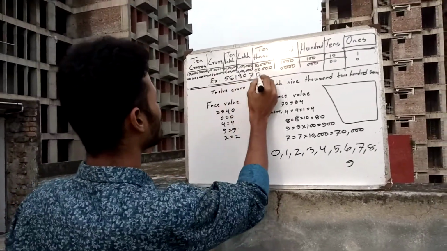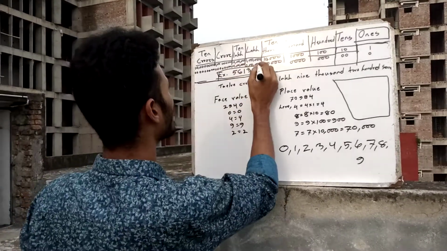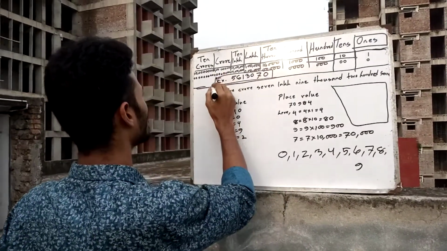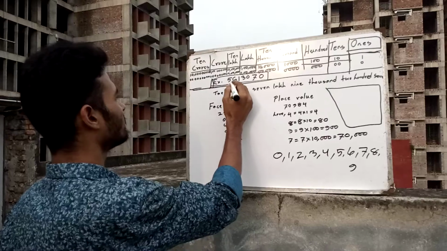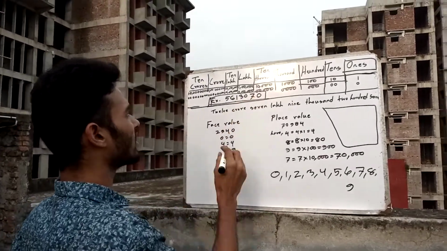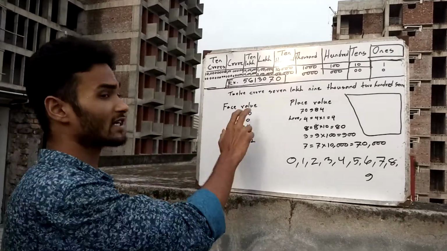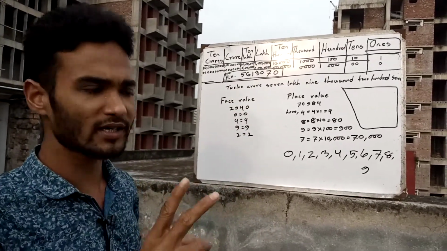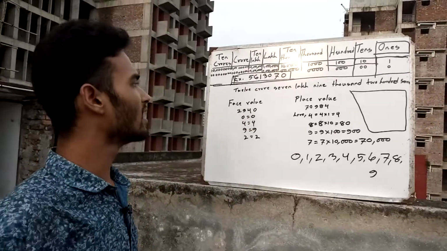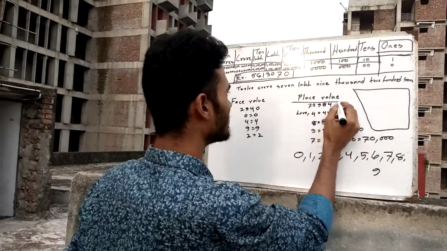Here is an example for your understanding: 5613070. There are two types of value. The first is face value, and the other is place value.